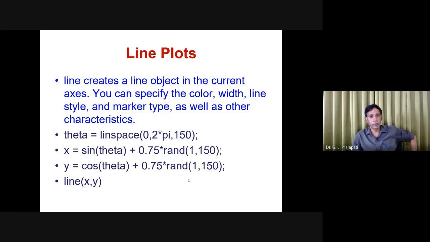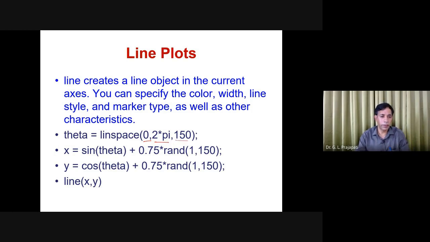Okay, so line creates a line object in the current axis. You can specify the color, width, line style, and marker type, as well as other characteristics. So here see that theta is equal to line specification. You have 0 to 2 times pi, and 150 points.